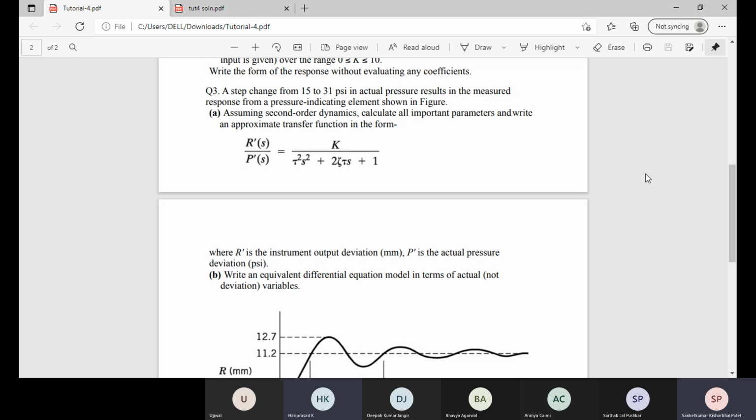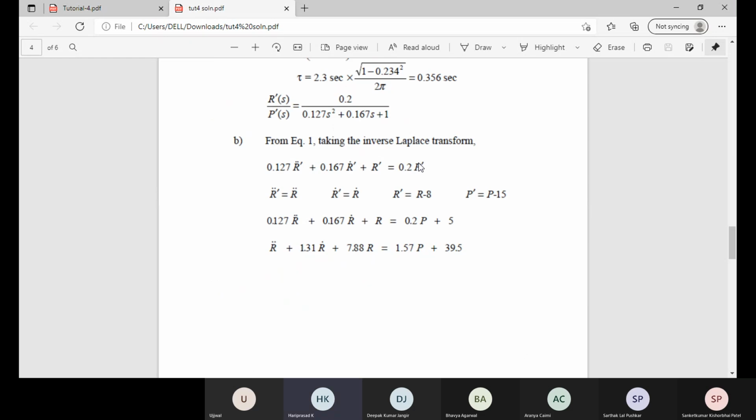P prime is P final minus the steady state value. The steady state value was 15 and it has been pushed to 31. So the definition of P prime should be P minus 15. Now go back to the solution. So that would be P minus 15 because that is P prime. Then again you plug in everything and isolate everything, and you will get your R double dot, that's all.